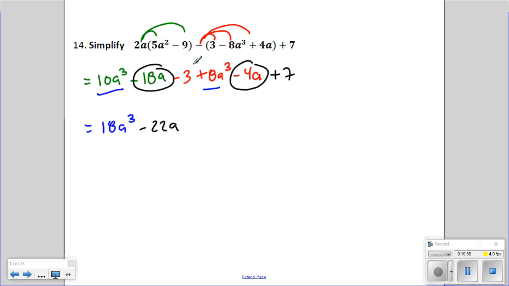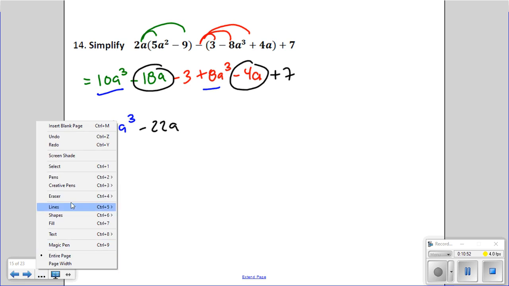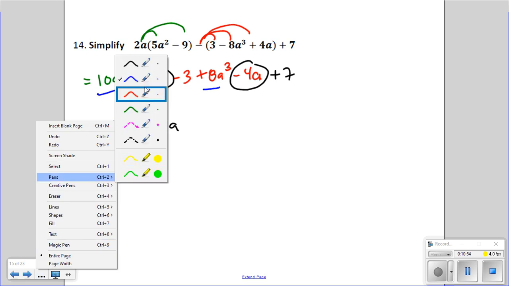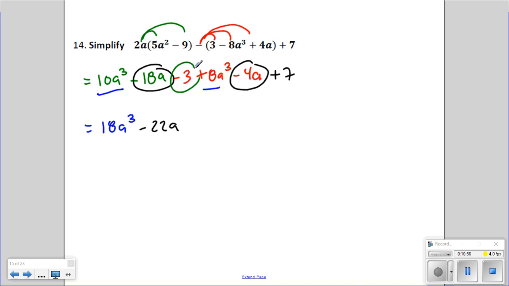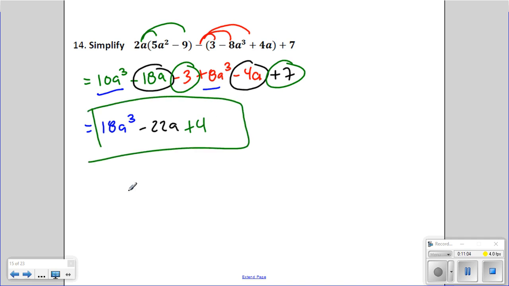And lastly, I have negative 3 plus 7, so that's plus 4. If you're careful, you should not miss that question either on the test. You can handle that. I believe you can.